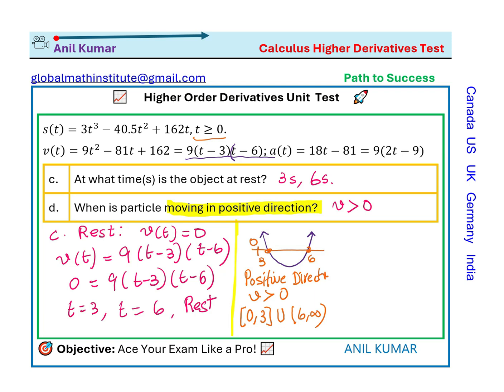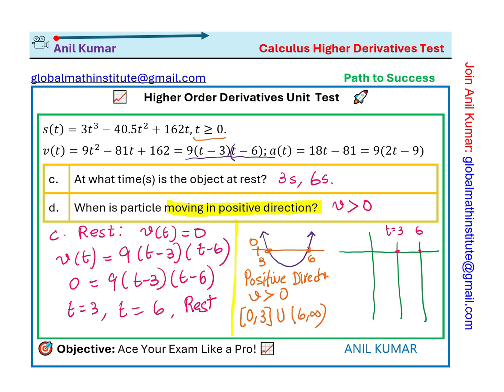But in any case, sometimes it is specifically asked to make a table of values. So no harm, we can do it, right? No problem, right? So just make a table of values. We know t equals 3 and 6 when it is 0, right? So we know the expression of velocity. I'm not writing it here as the space is very less. Now, when you take a test point, we can take test points 1, 4, and 7, for example, within the intervals from 0 to 3, 3 to 6, and 6 to 7.